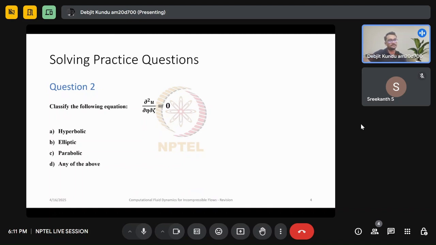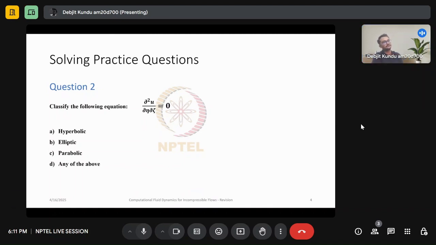Option A hyperbolic, option B elliptic, option C parabolic, or option D any of the above. So try to classify this equation and then select your answer from the options given below.